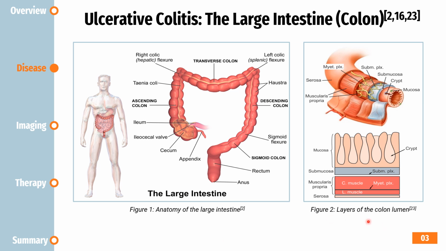The pathophysiology of ulcerative colitis is characterized by chronic inflammation and formation of ulcers along the inner surface or lumen of the large intestine, including the colon and the rectum. This inflammatory process is typically confined to the mucosa and the superficial submucosa.